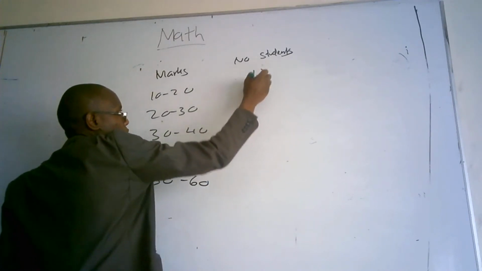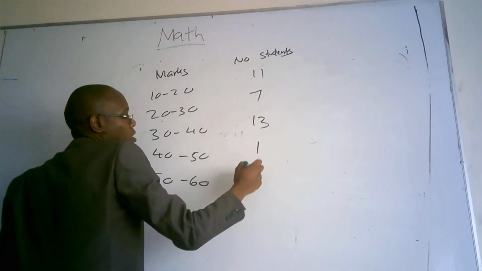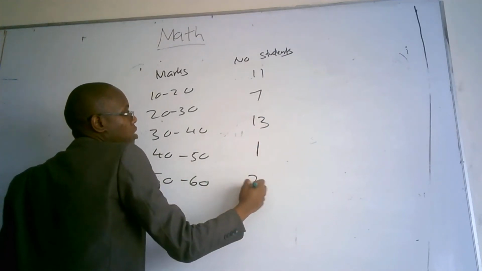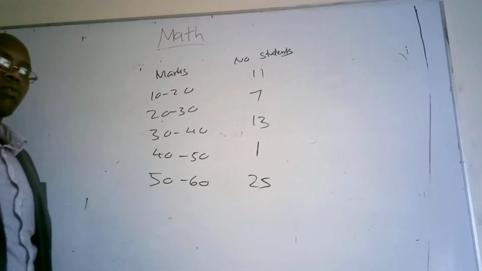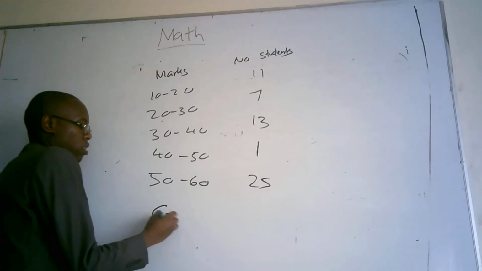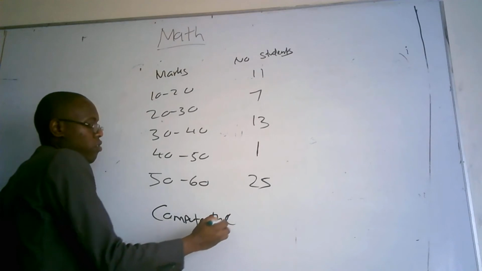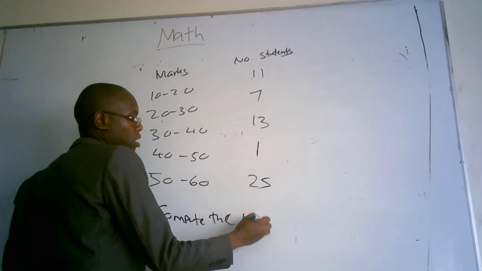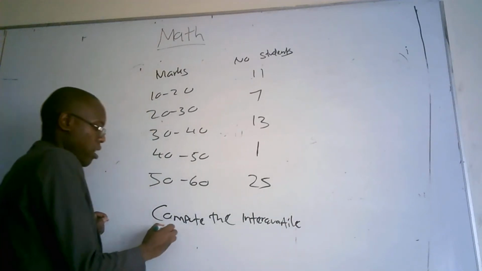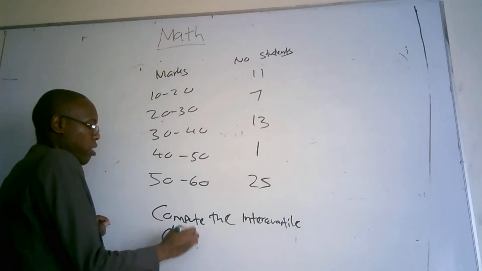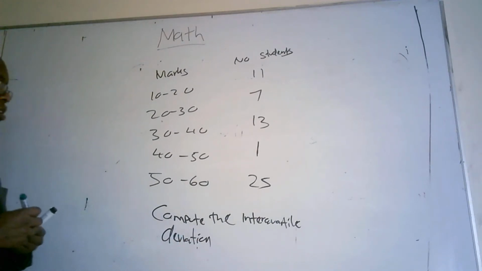There you have 11, 7, 13, 1, then 5. And then they are asking you to compute the interquartile deviation. So how do we compute the interquartile deviation?